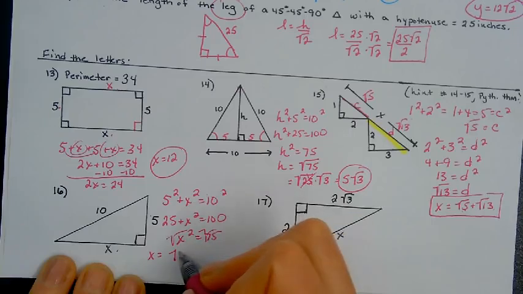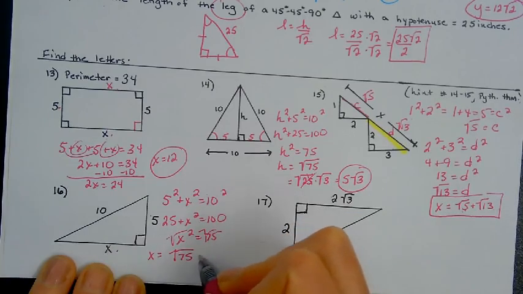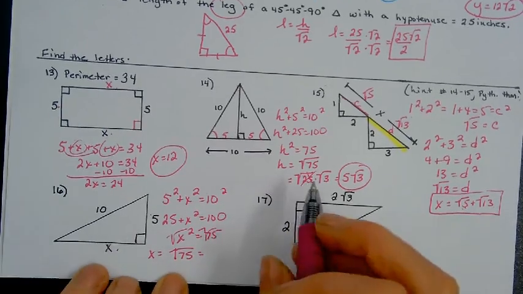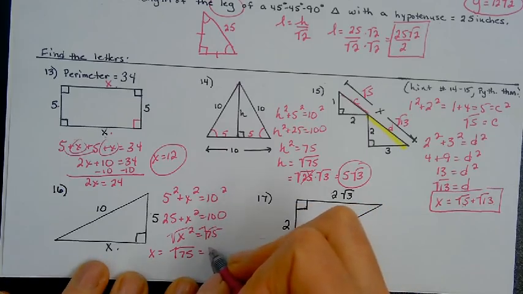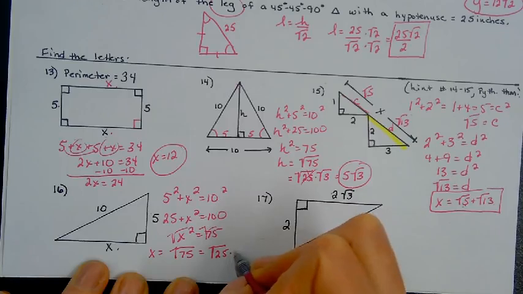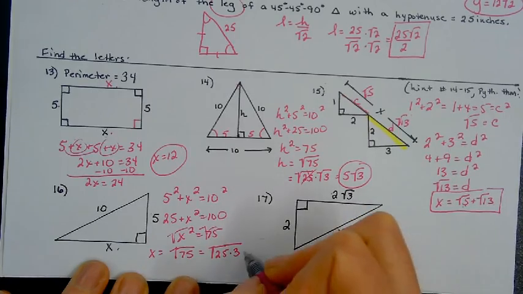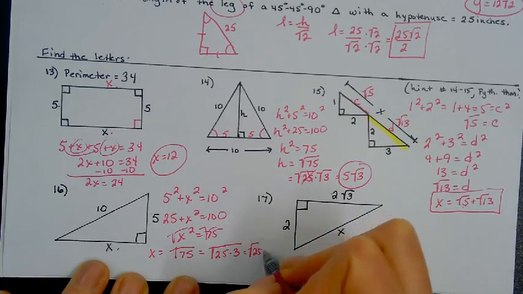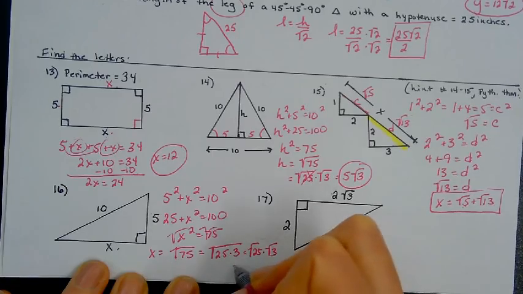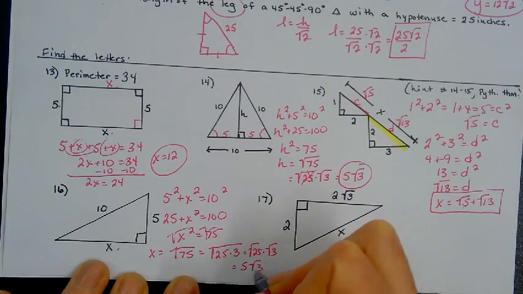And I can split that into a pair of factors that has a perfect square in it. So this is 25 times 3, which is the same as square root of 25 times the square root of 3, which is equal to 5 root 3. I can't take the square root of this, so I'm going to leave this in the radical sign.